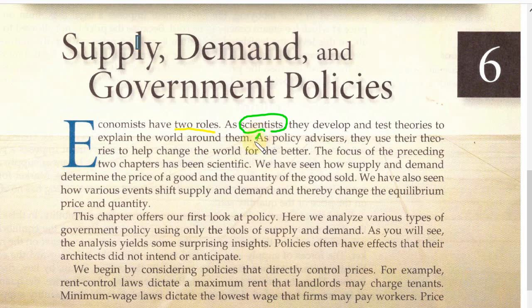The other is as a policy advisor: they use their theories to help change the world for the better. These two roles are quite related, but sometimes separate. There can be different opinions depending on the position the economist is in, scientist or policy advisor.